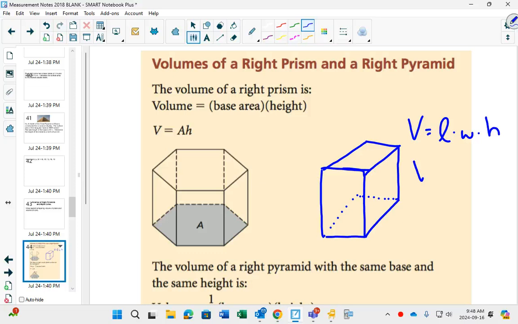Now I'm going to take this formula and just add brackets around that length times width.